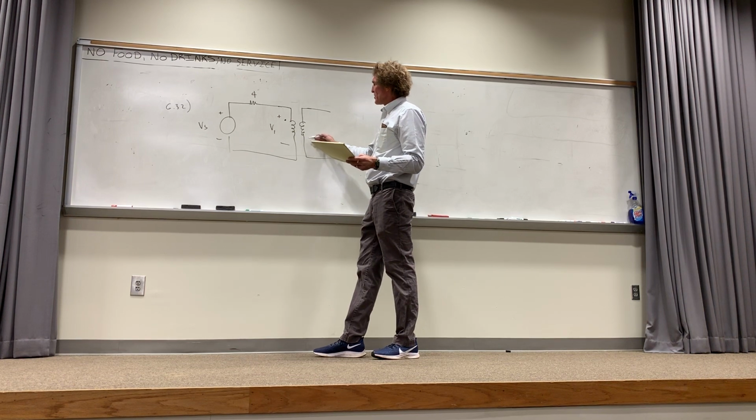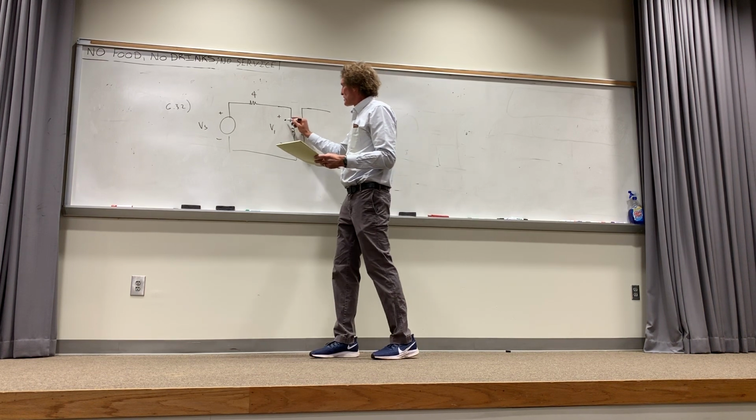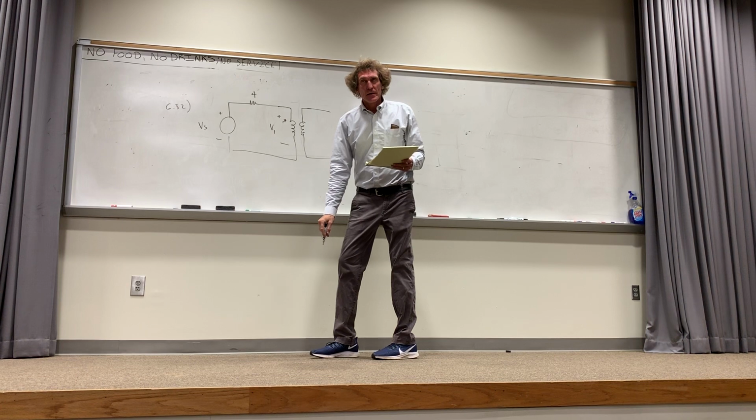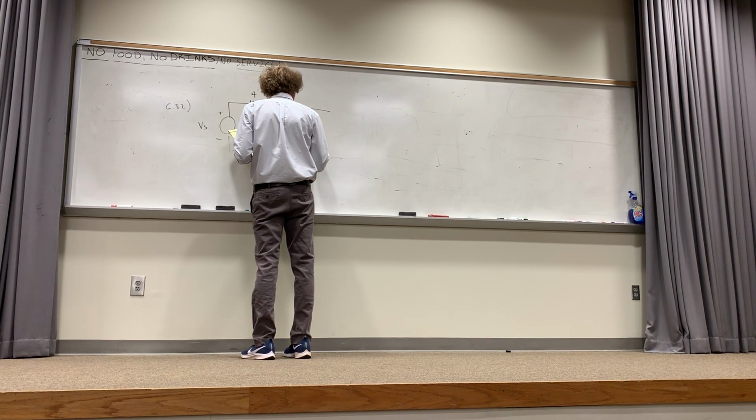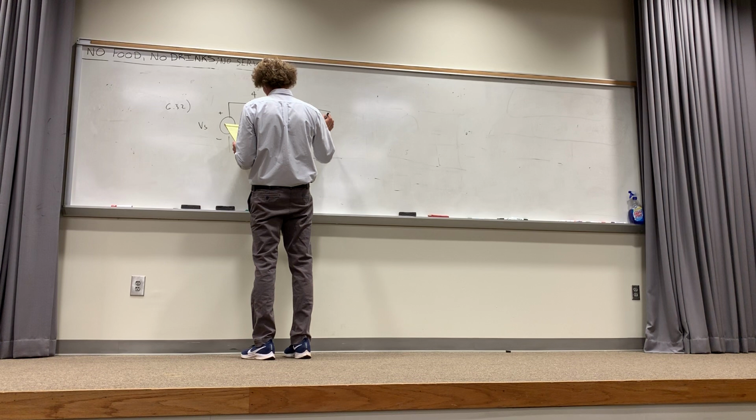Is the dot here on yours or here, or is it left out? Left out, they just have the positive and negative. All right, this one is again one where Dave Irwin intended the dot to be down here for V2. And that's 2 ohms.